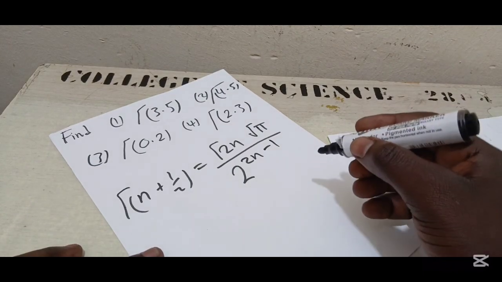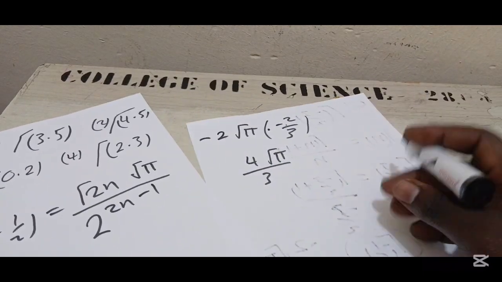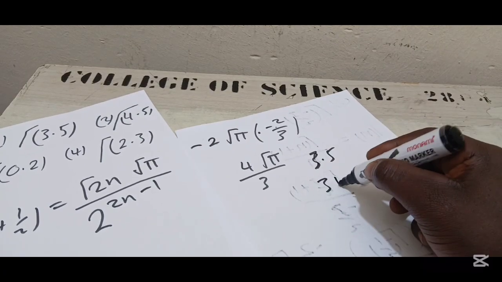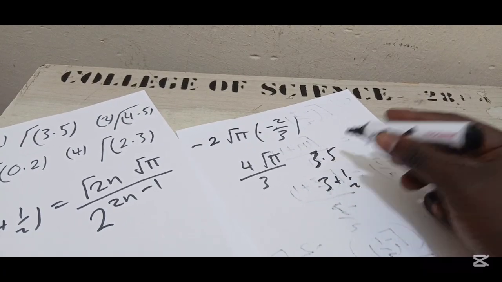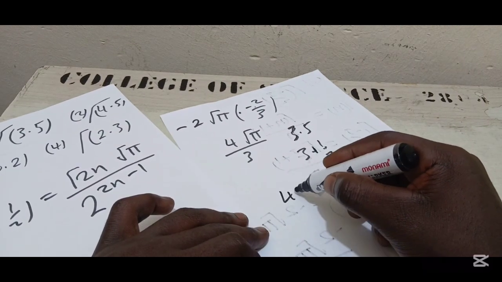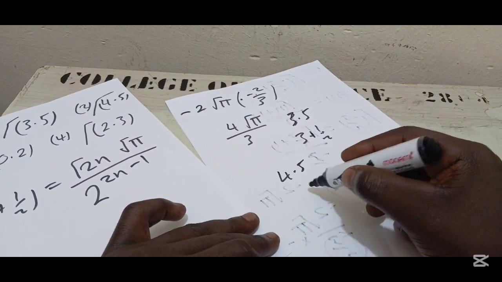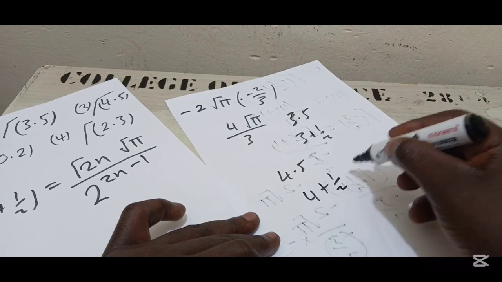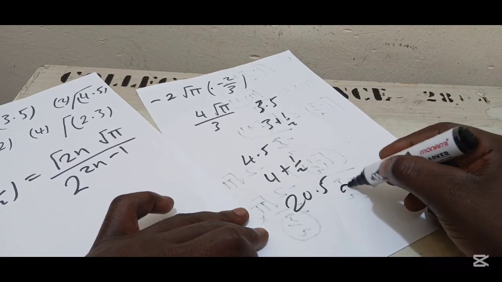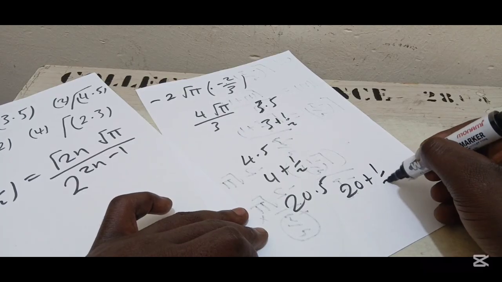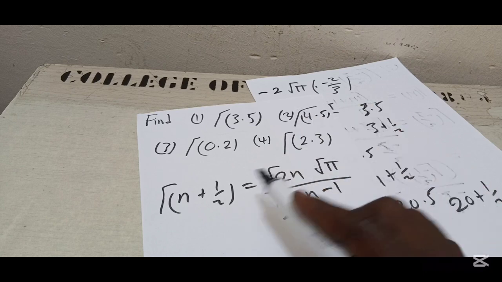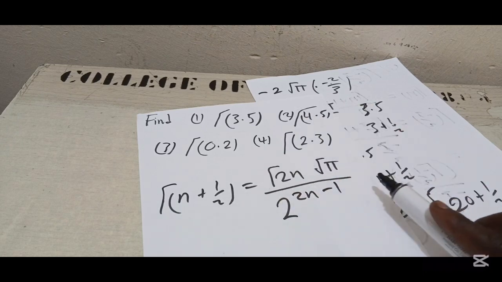And you know that if you are to simplify gamma 3.5, that is the same as 3 plus half, right? 0.5 is the same as 1 on 2. So 4.5 is going to give us 4 plus a half, and 20.5, as far as it's 0.5, is going to be 20 plus half. So you express it in this form, then you compare your n value and substitute it here.